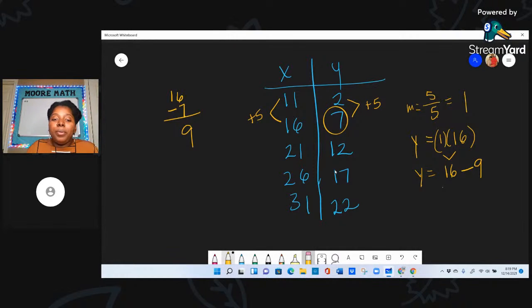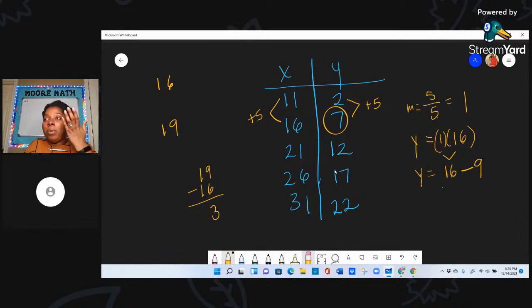What if it was, instead of 7, it said 19? So I went from 16 to 19. Again, subtract. 19 minus 16 is what? 3. Good. But because I started at a low number and I went up, then it's a plus 3.